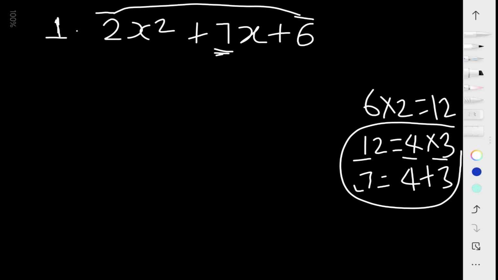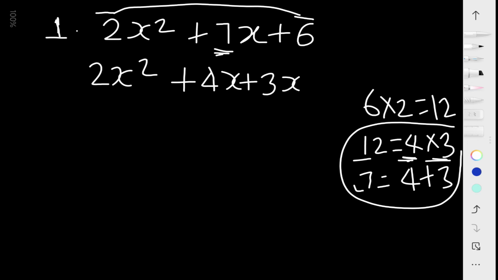So now let's start. 2x square plus 7x, you can write as 4x plus 3x, then here is 6.